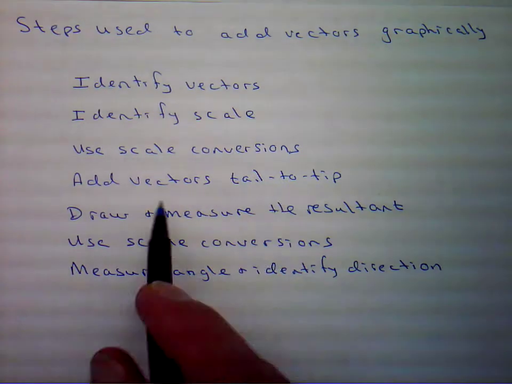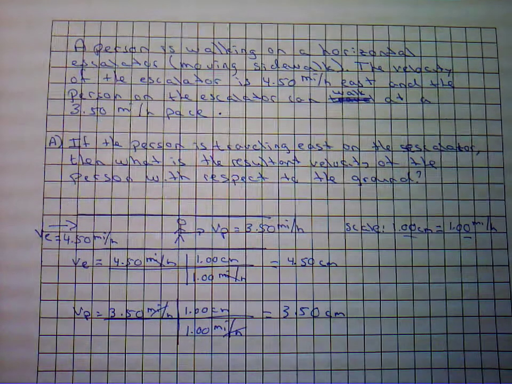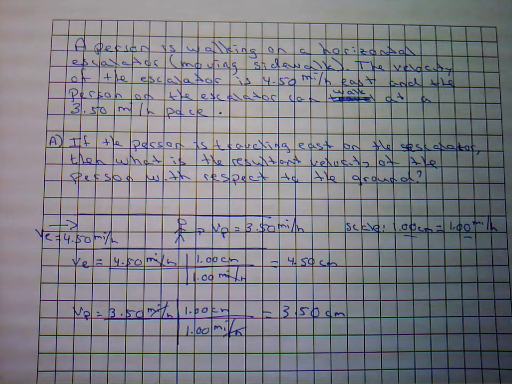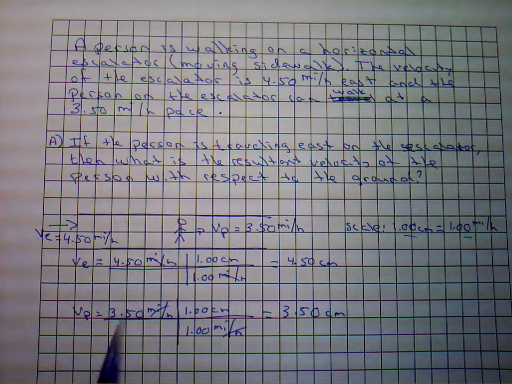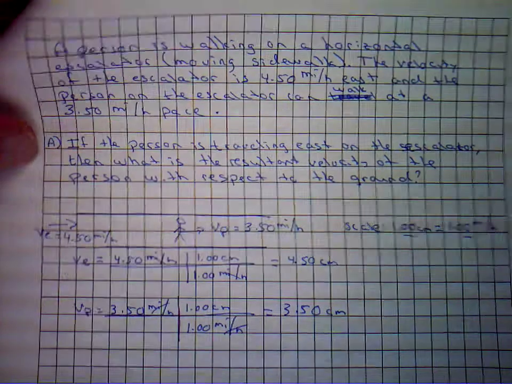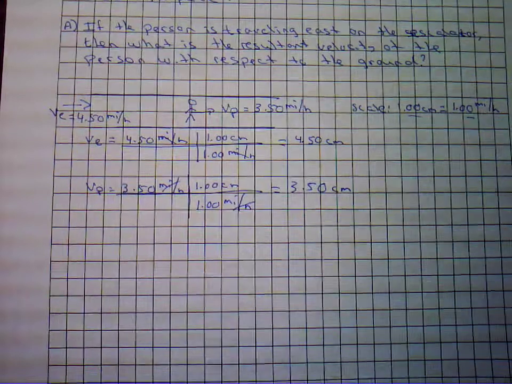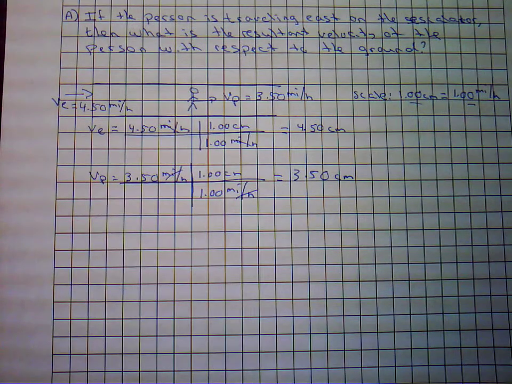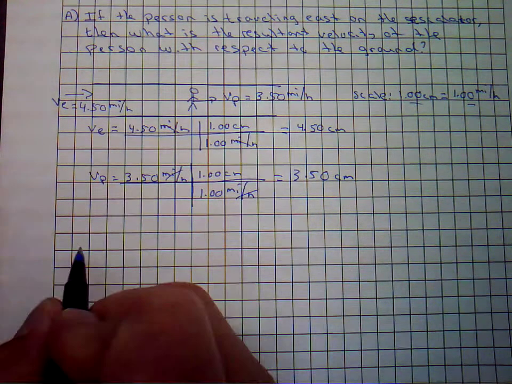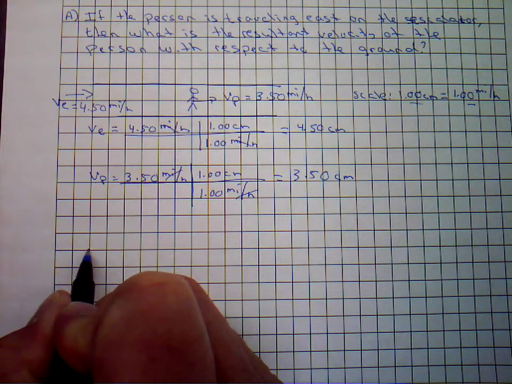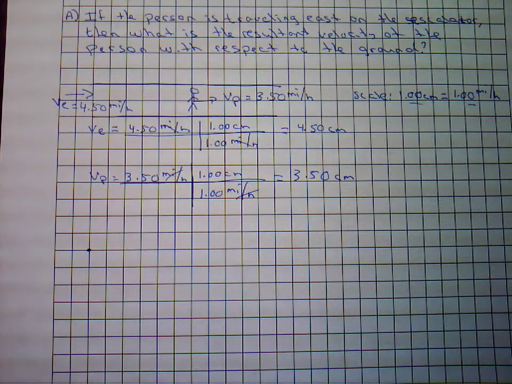The next step, we want to add the vectors tail to tip. And again, it does not matter the order in which you add the vectors, as long as you add them with the same magnitude and the correct direction that is given for their scales. So we're going to take the velocity of the escalator and add it first. We have to have some starting point. I'm going to use this as my starting point right here.